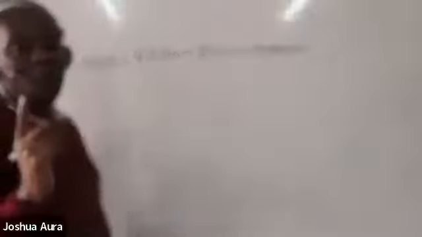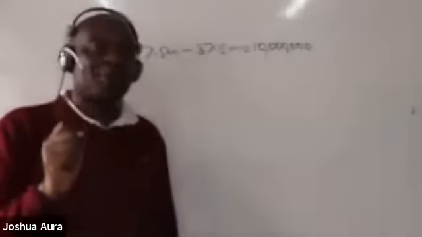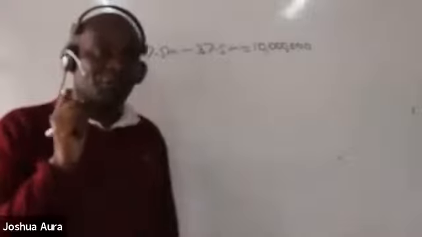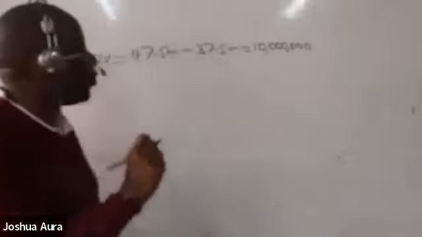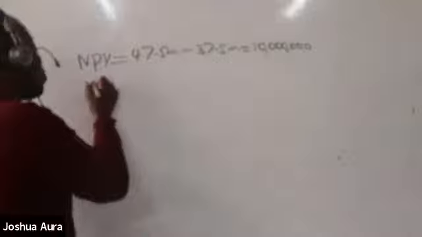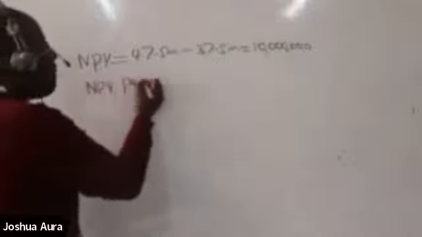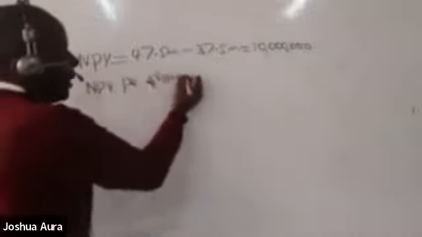Now, whenever they give you questions to do with TERP, when you get the net present value for TERP, you must come here and give us what we call net present value per share.